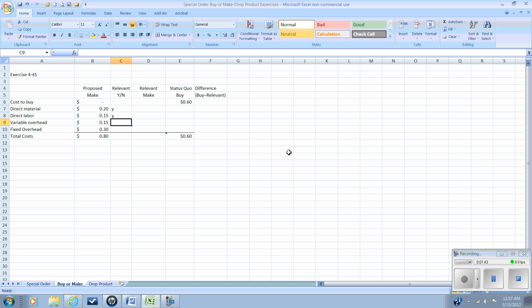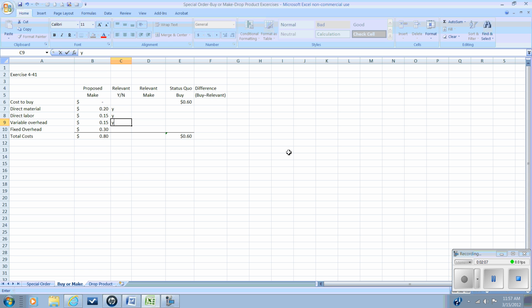Next, the overhead is broken into two components, a variable overhead and a fixed overhead. The fixed overhead would not be avoided if we continue to buy the cookies from the outside.